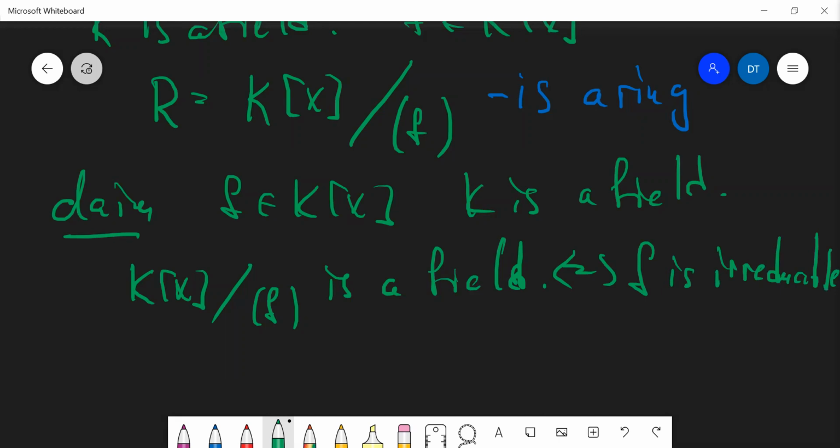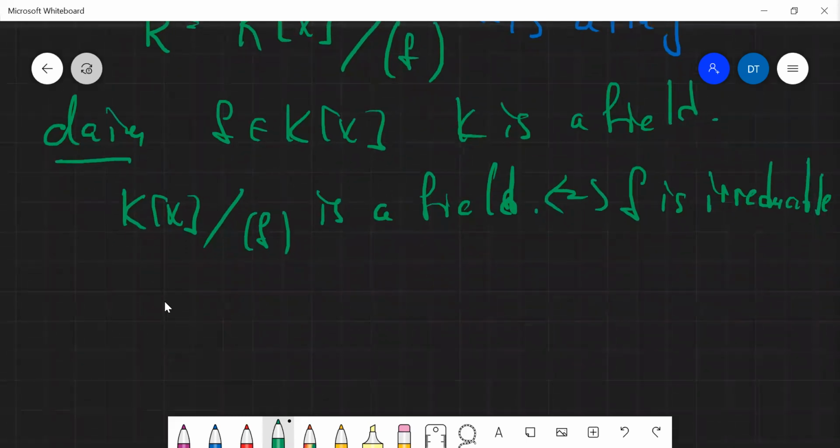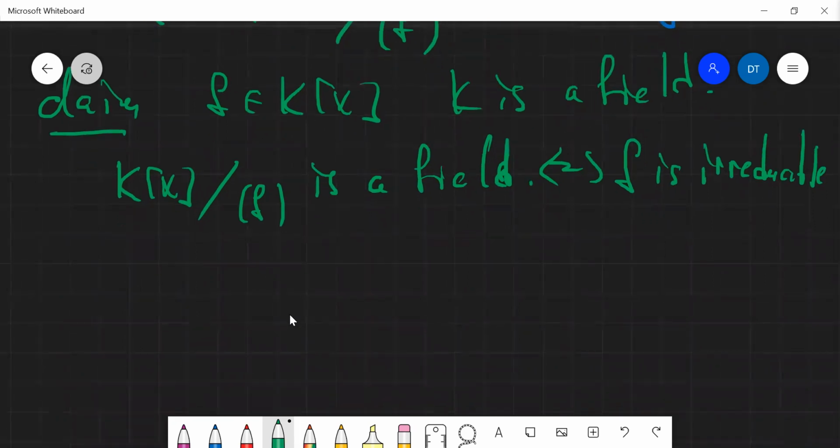So if you want to produce a larger field using this procedure, you need to take an irreducible polynomial, and then this is a field containing K. So in some sense, f is prime. Yep, exactly. An irreducible polynomial is the analogy of a prime number. It works exactly in the same way as we have for integers.